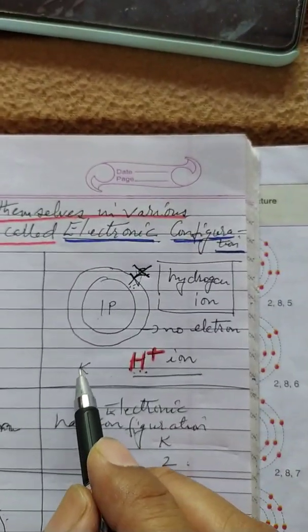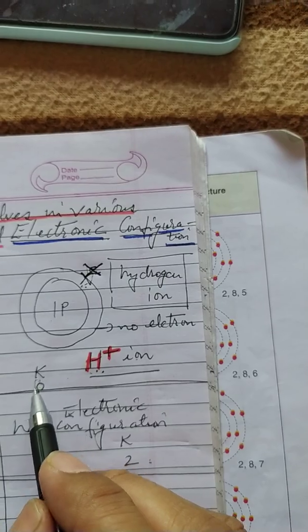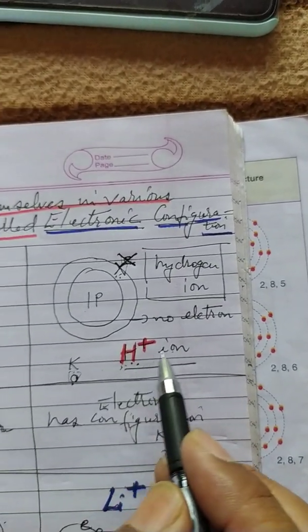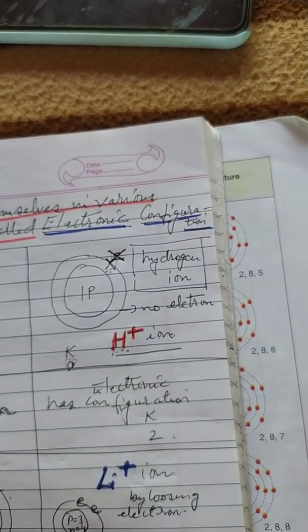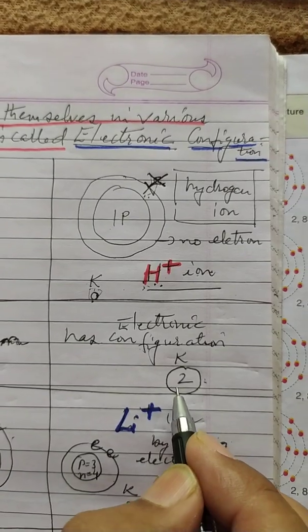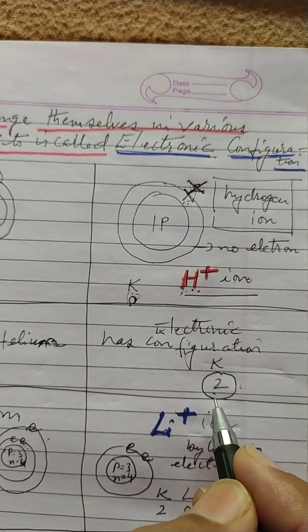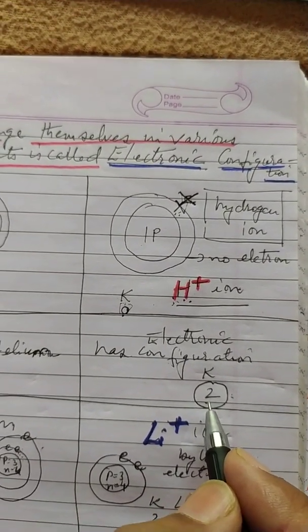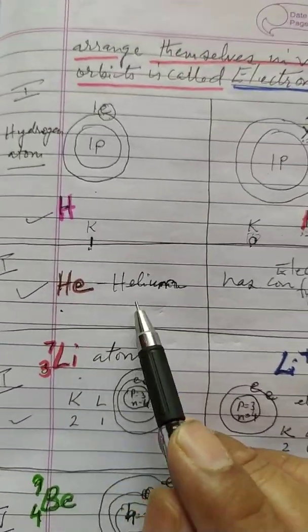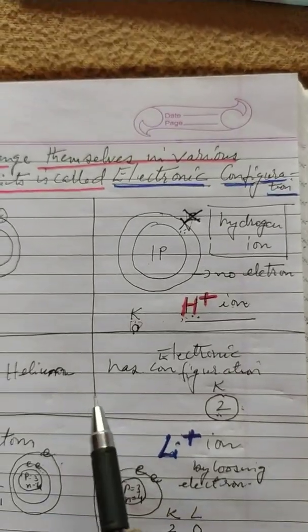So that is why K shell now has got 0 number of electrons, and it is known as hydrogen ion. Helium has got complete electronic configuration. Then there are maximum 2 electrons that can be put in the first shell. So we see that helium has normally got no ion.